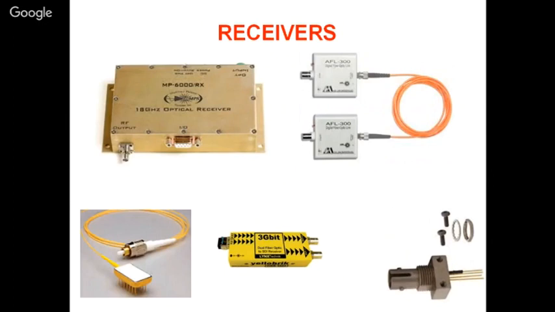Receivers are possible which are just the size of a matchbox. Initially they were like a tiffin box. Now they are matchbox size, and even smaller, the size of a pen drive, in which you are just connecting the optical fiber. There it was a pigtail; here it is a connector. Most of the time people have made something like a pigtail also, but detectors are not connected by pigtail as such.